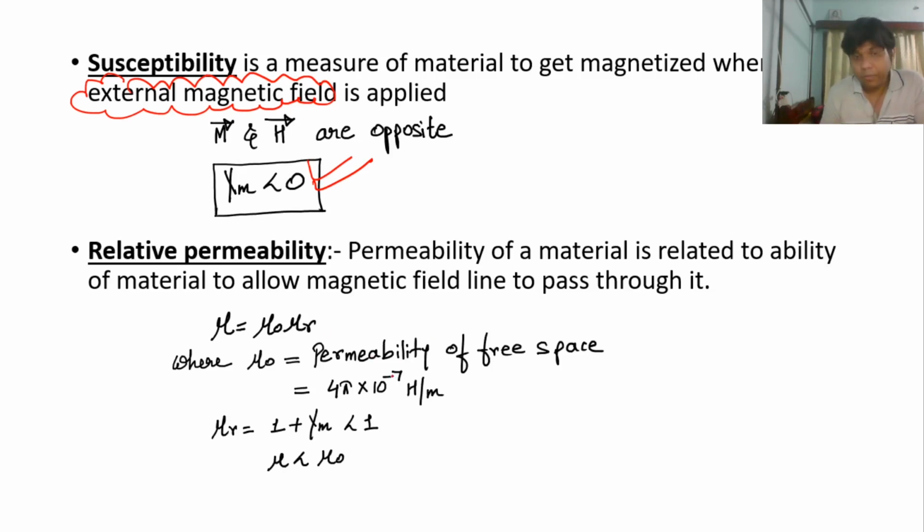The value of the permeability of free space is 4 pi into 10 to the power minus 7 Henry per meter, and the relative permeability is 1 plus chi m, that is 1 plus the magnetic susceptibility, which is less than 1. Overall, the permeability of the material is generally less than the absolute permeability.